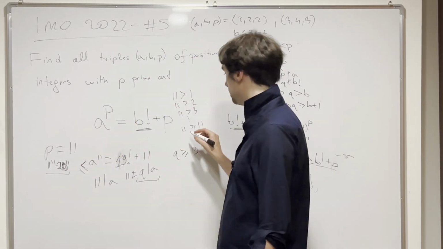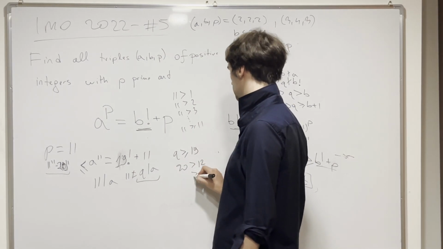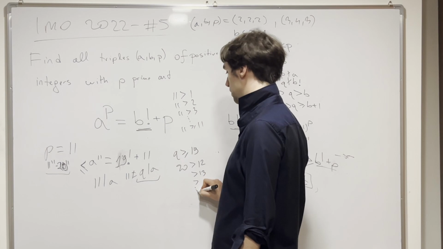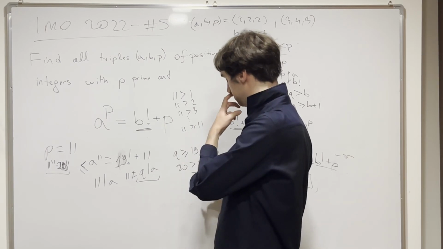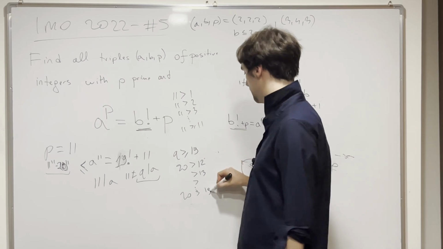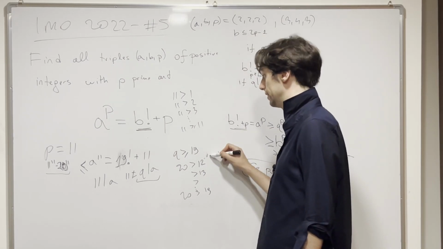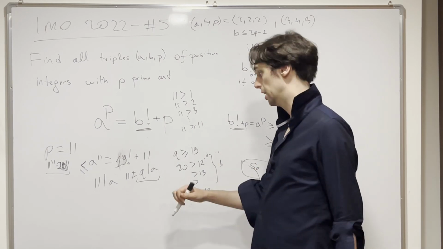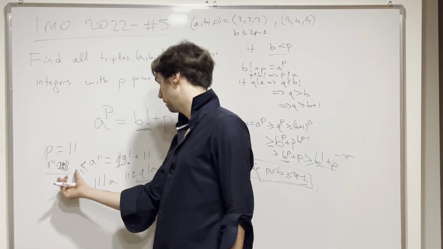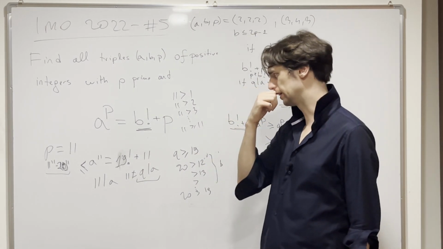And then 20 is greater than 12, greater than 13, greater than all the way till 19. How many things do I have here? I have 19 minus 11 things, so that is 8 things here. And I'm well over bounds here, right? I'm well in the clear.